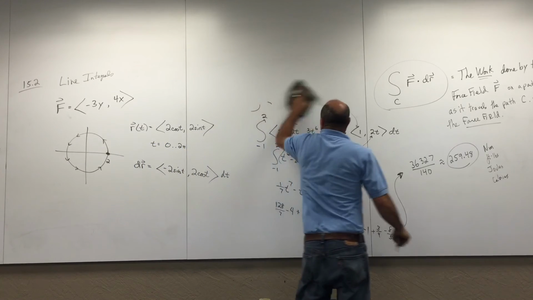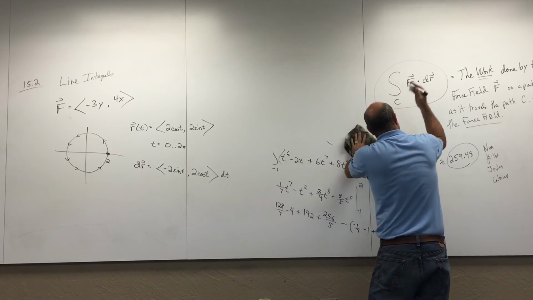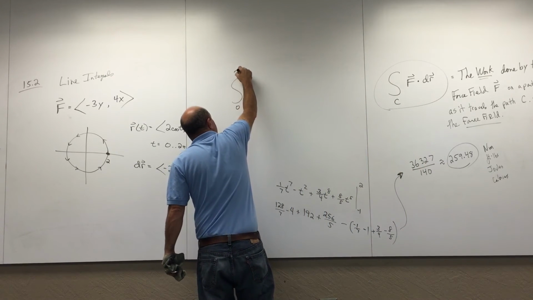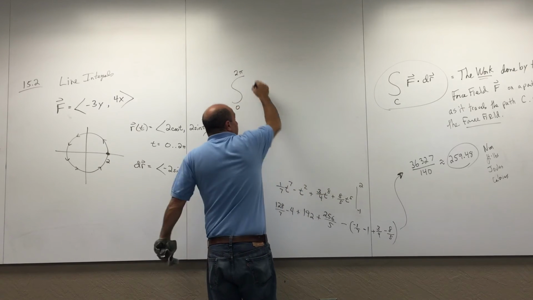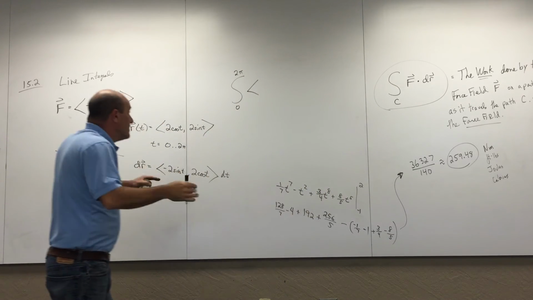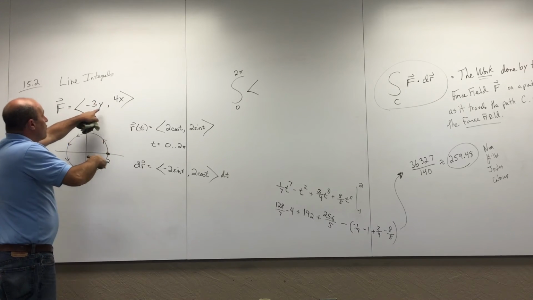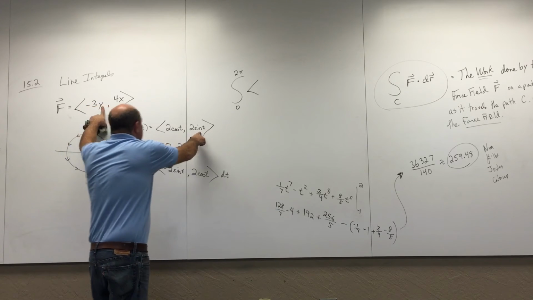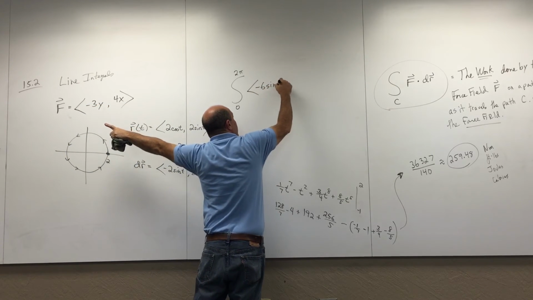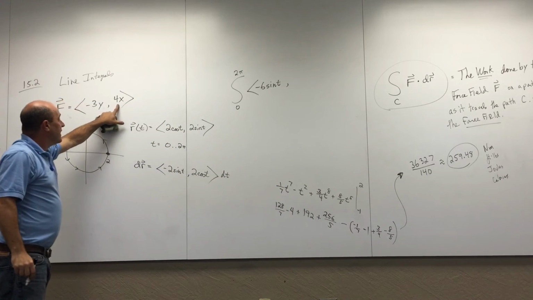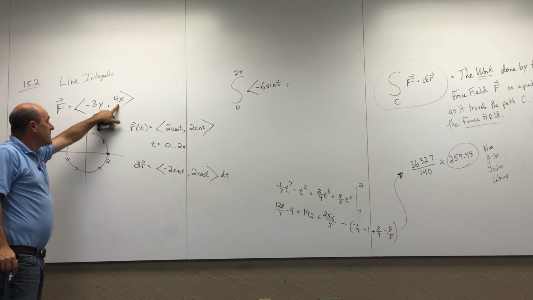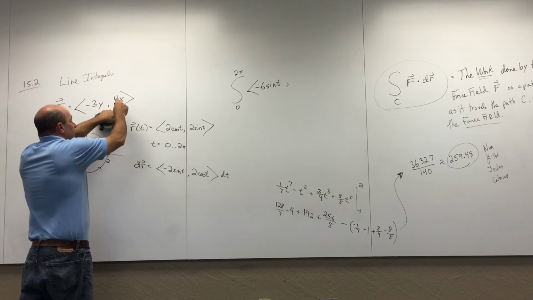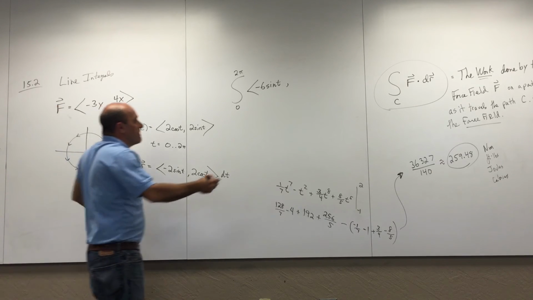We're going to set up this integral. It's always F dot dr, from 0 to 2 pi once I get it all in t's. And it's F written in terms of t, so the y becomes 2 sine t, which makes negative 6 sine t, comma, 4 times 2 cos t, since x is 2 cos t, so that's 8 cos t.